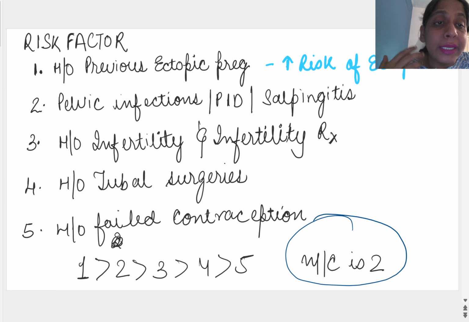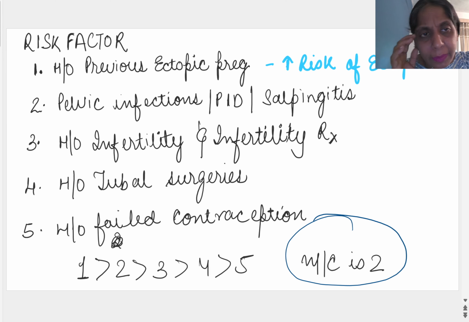Because when a lady is using contraception, the chances of pregnancy are very low, whether she is using a copper T, progesterone-only pills, or combined oral contraceptive pills. What is their Pearl index? 0.5, 0.6, right? What is the Pearl index of tubectomy? 0.1, right? So the chances of pregnancy become very low.